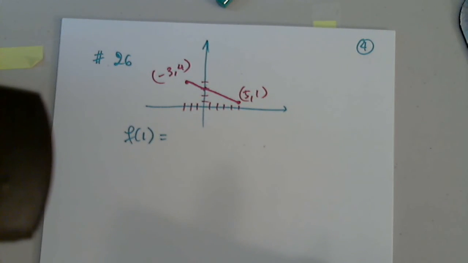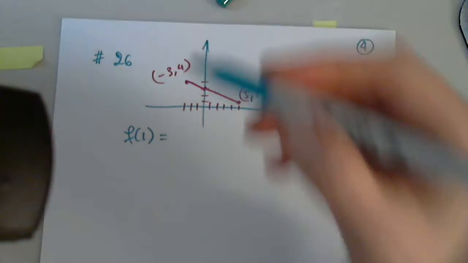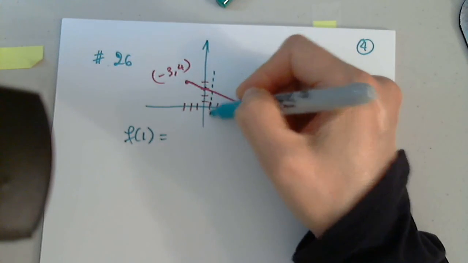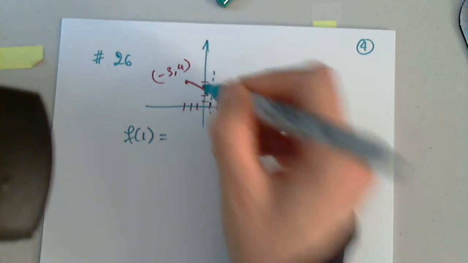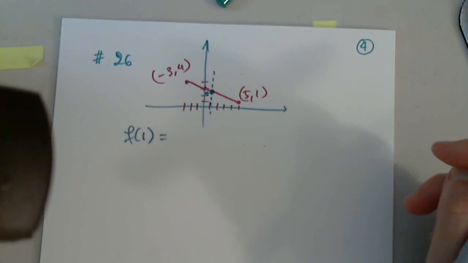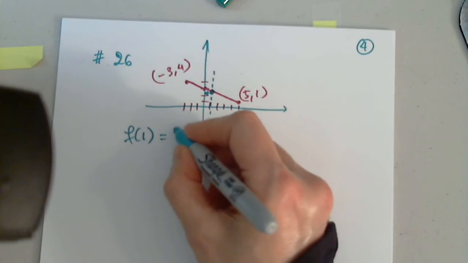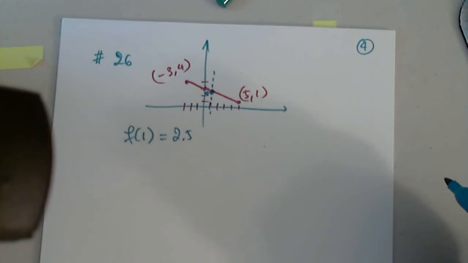You know that x equals 1. Very good. So I will draw a vertical line at 1. It crosses the graph in 1 point, and I will read the y value. Very difficult on my graph. What would you say roughly from the graph? 2.5. I would say 2.5. So 2.5. Very good.